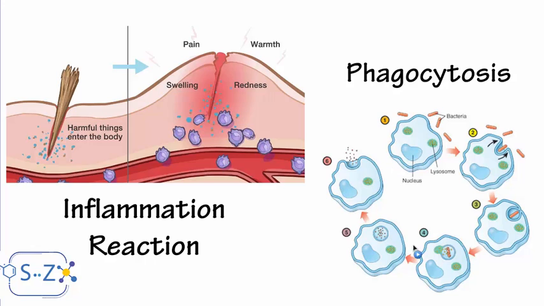Now, at the end of this process, phagocytosis, the macrophage, the monocyte or the granulocyte starts a process of activation of the specific immune response where several steps happen.